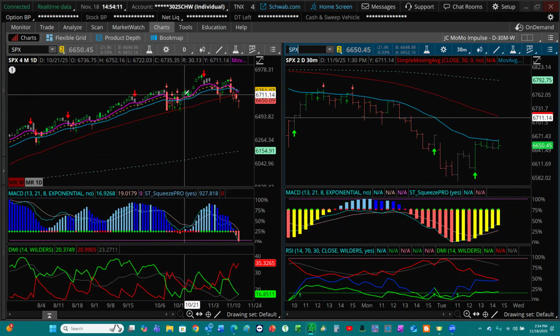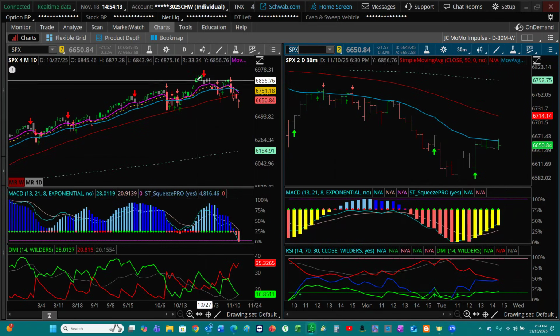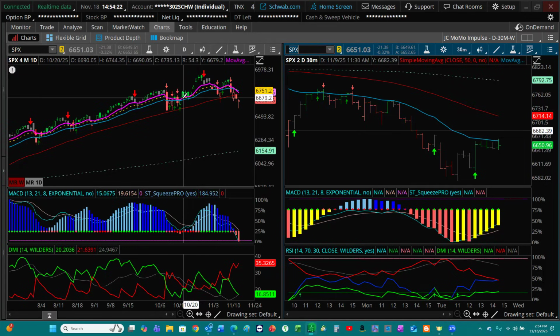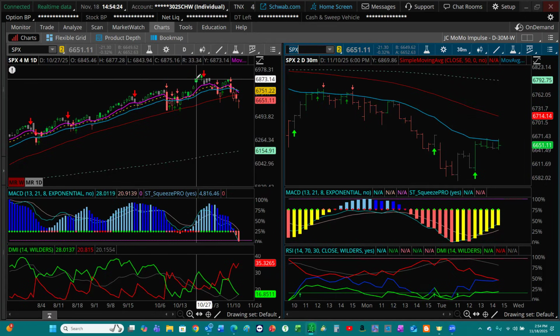His momentum system would show blue if it was an up momentum, and it would be gray if it was neutral. I like this a little better because all of these would be gray under his momentum system. But because I like to actually see when the price is moving up, I like to see it in green.